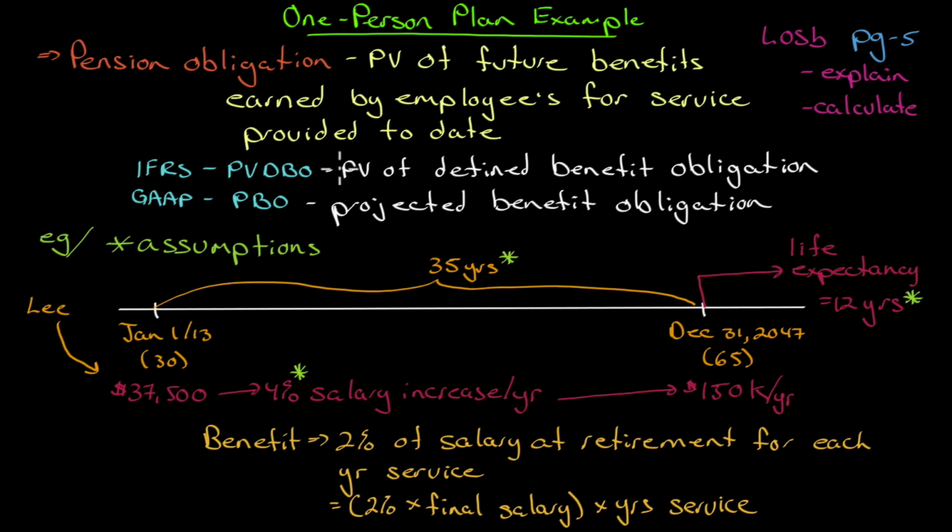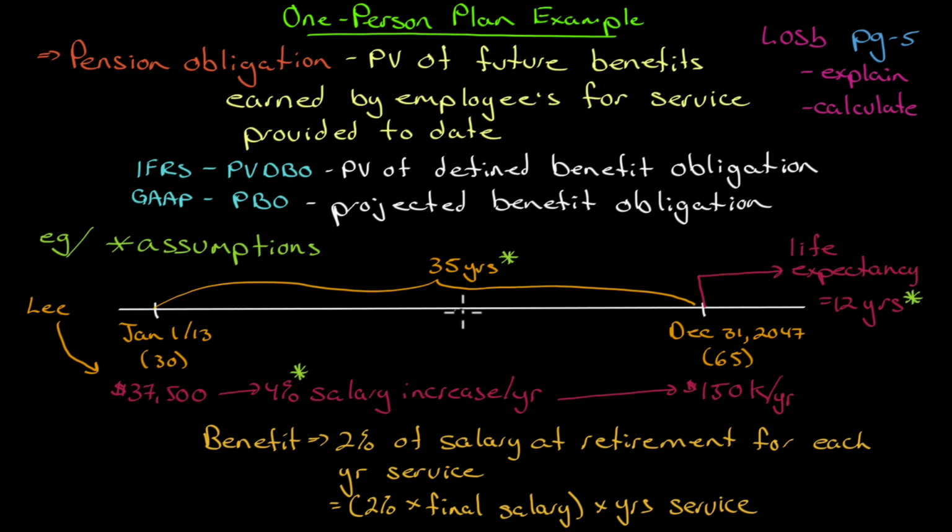So let me set up a scenario for you here. I've got the timeline out, and I'm going to take just a couple of screens, and we're going to walk through some very simple calculations. But in doing that, the language and the vocabulary will become much clearer. Let's say it's January 1st, 2013 today, and Lee, who is 30 years old, gets hired for $37,500 a year.